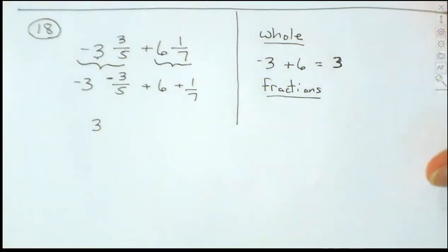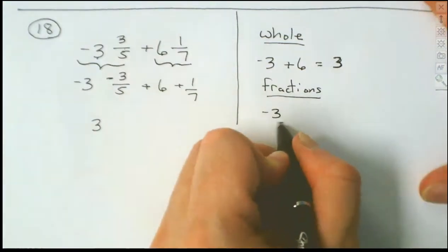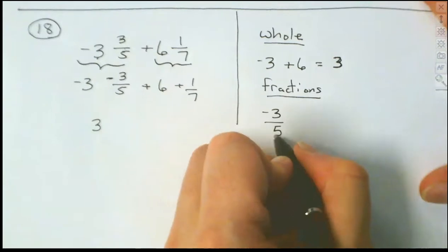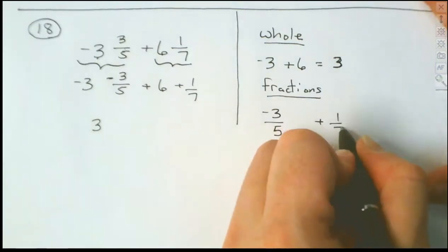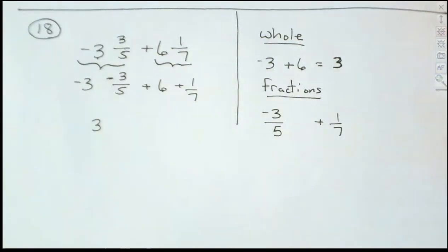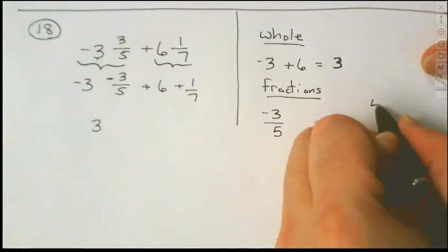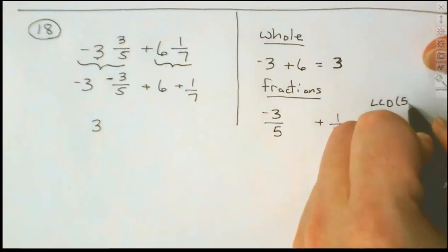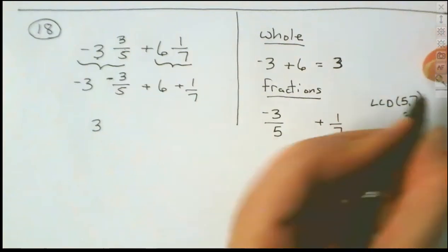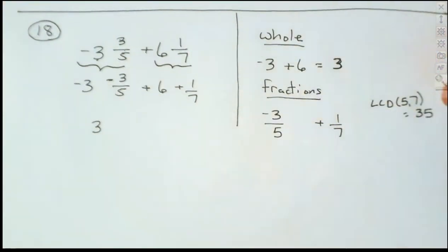So what do we have for the fractions here? Well, for the fractions, we have a minus 3/5 and a positive 1/7. We're going to combine these together, so we need a least common denominator, don't we? So the least common denominator of 5 and 7 is what? 35. Okay. So that means we're going to use a 35 here.